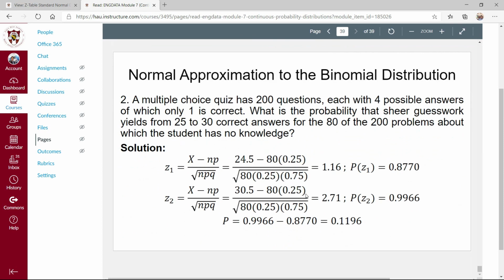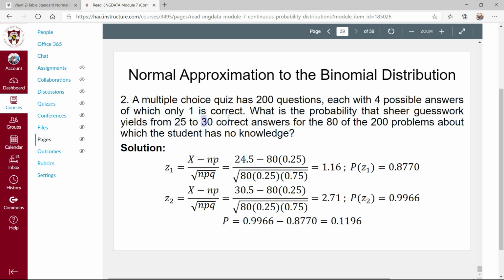For example number 2, a multiple choice quiz has 200 questions, each with 4 possible answers, of which only one is correct. What is the probability that sheer guesswork yields from 25 to 30 correct answers for the 80 of the 200 problems about which the student has no knowledge? So there will be x1 and x2.